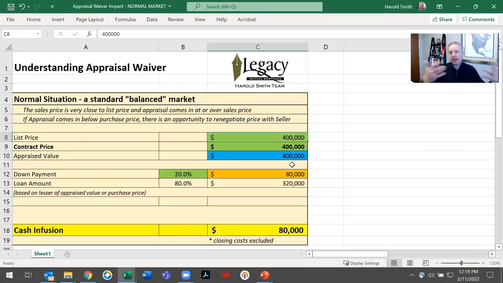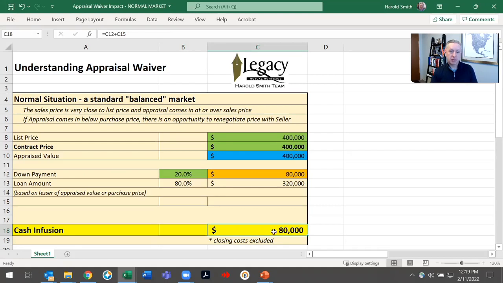Let's say you may be trying to negotiate it back and forth, but maybe you land at 400,000. And what we're hoping for, of course, is the house will appraise for 400,000 or more. And if this client was going to do 20% down, that's $80,000. That means that we as a lender are going to finance 80%, so 320. So they would bring to closing $80,000 plus whatever closing costs they were picking up as the buyer.